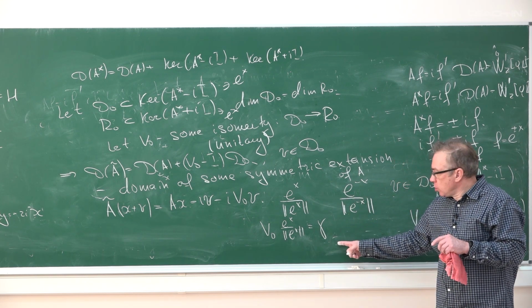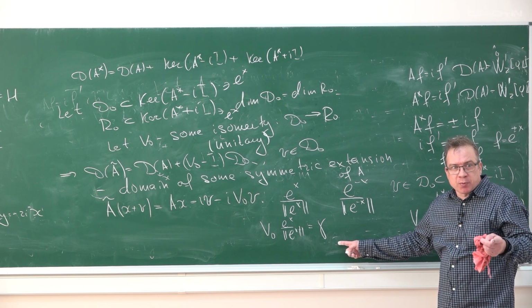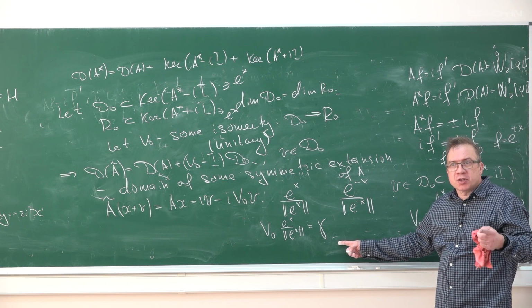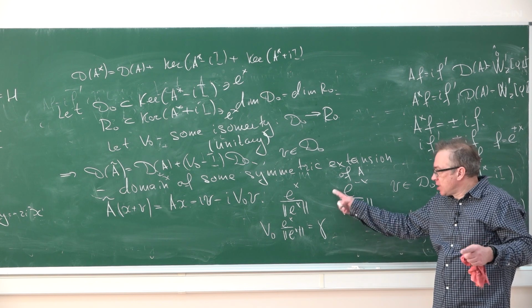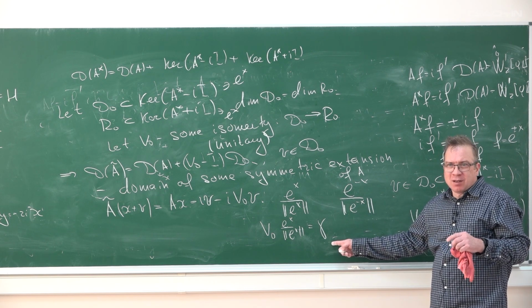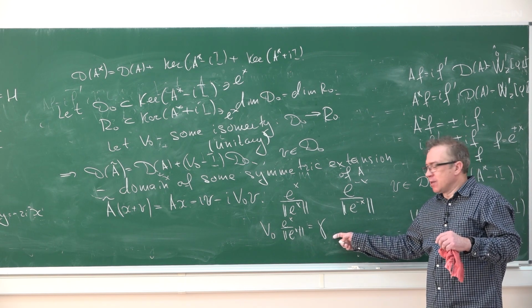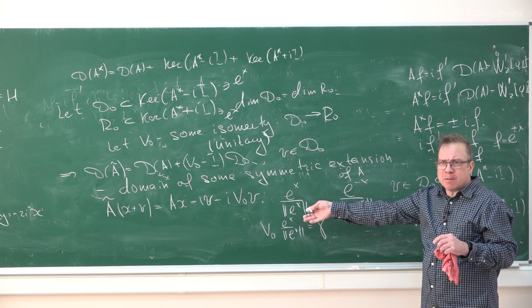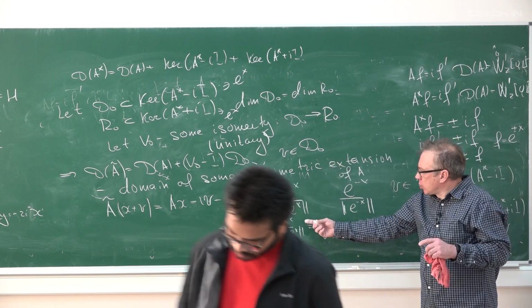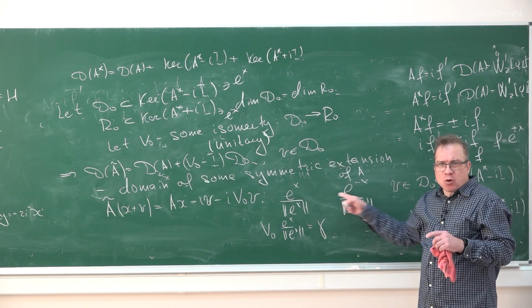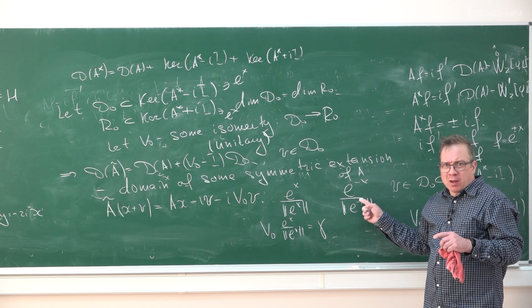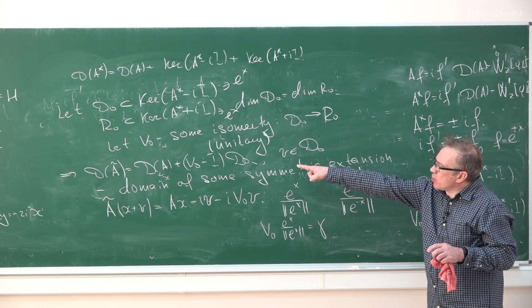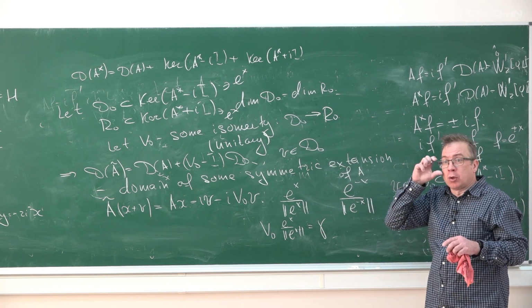And the choice of this gamma is a description of all unitary extensions. But it is a difficult way. Nobody does it in such a way because it is a lot of calculations. What calculations? The norm of this, the norm of this. Then we have the domain of this, and then you can recalculate.